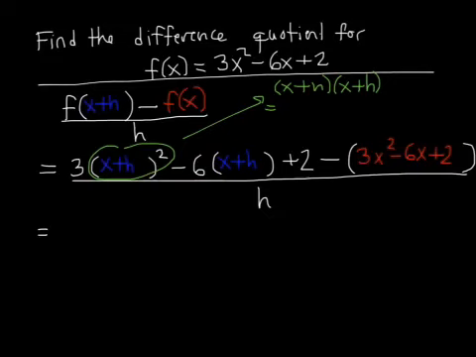So you're going to do x times x, which ends up giving you x squared. You're going to do x times h, which gives you plus xh. You're going to do h times x, which ends up giving you another copy of xh being added in, because you can multiply in any order.